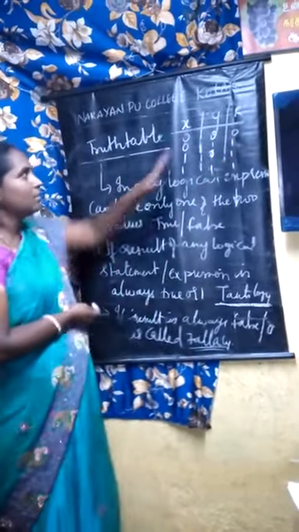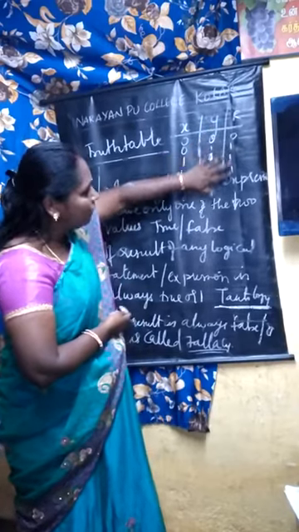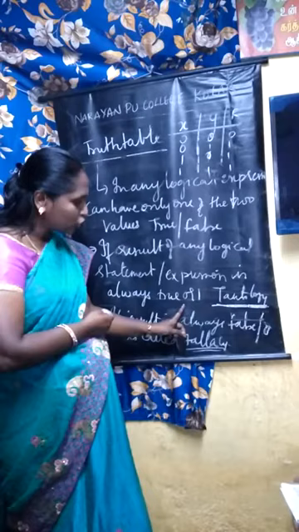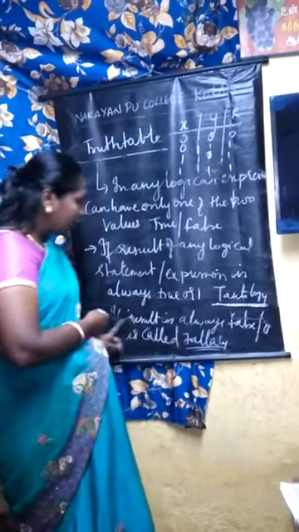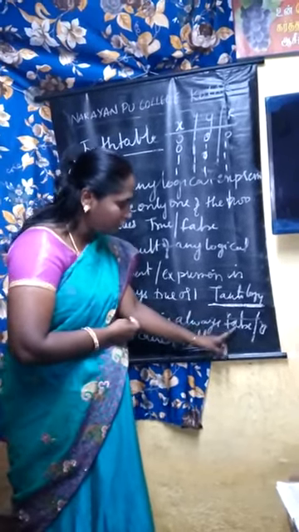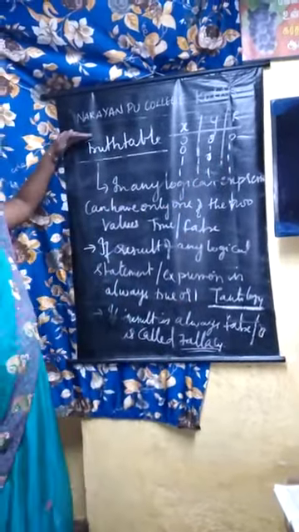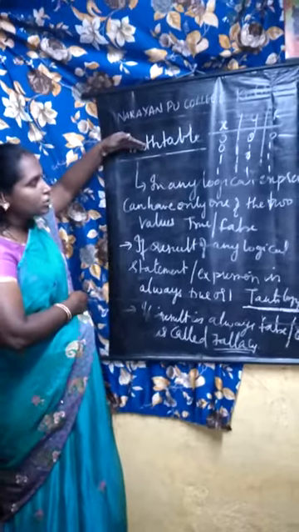If the result always produces 1, that is always true, we call it a tautology. If the result always produces false, that is 0, we call it a fallacy. So this is a truth table. What is a truth table?